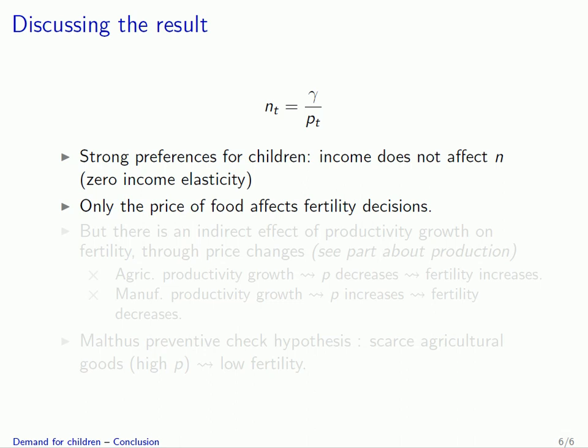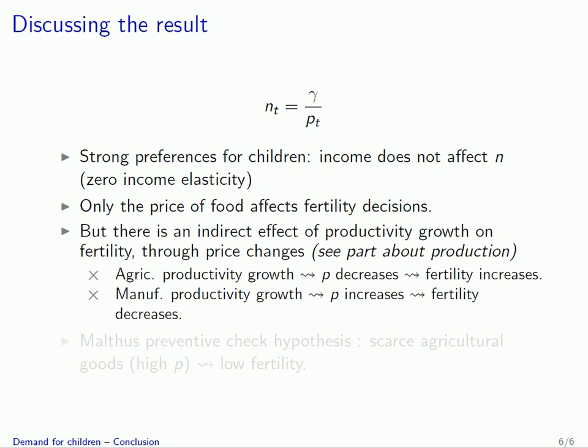Here the income does not affect N, or we'll say using technical words that there is zero income elasticity in this demand for children, which means that the adults only take into account the price of food here.